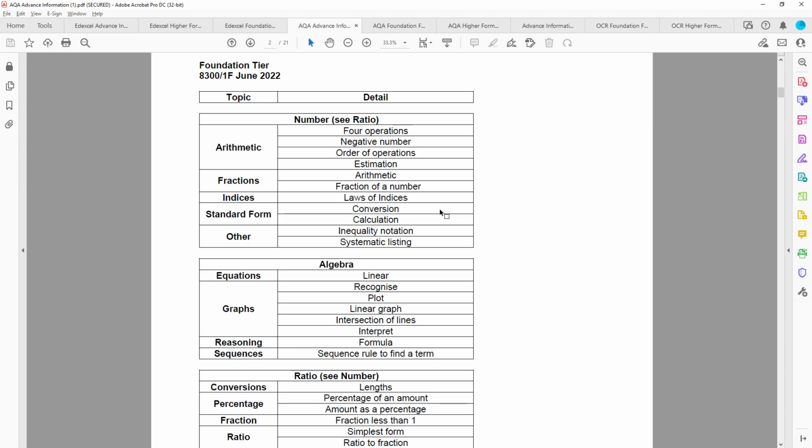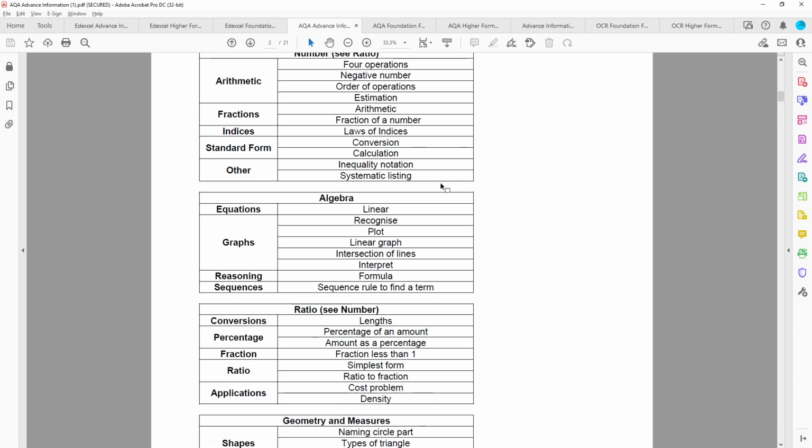So if you're looking at a different exam board and ruing the fact that a topic has come up here or there that's not on the other one, then there's not an awful lot you can do about it. But looking at these, they are very similar. See, if we've got AQA, we've got standard form, conversion and calculation again. So you can see they are very similar.